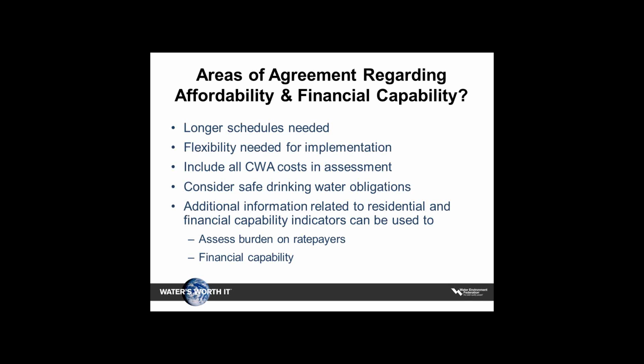And also that we need additional information. If we're going to stick with this residential indicator and financial capability indicator structure that's in the 97 guidance, we really need to figure out how to bring this additional information into it to assess the burden on the ratepayers and then the financial health of the utility.